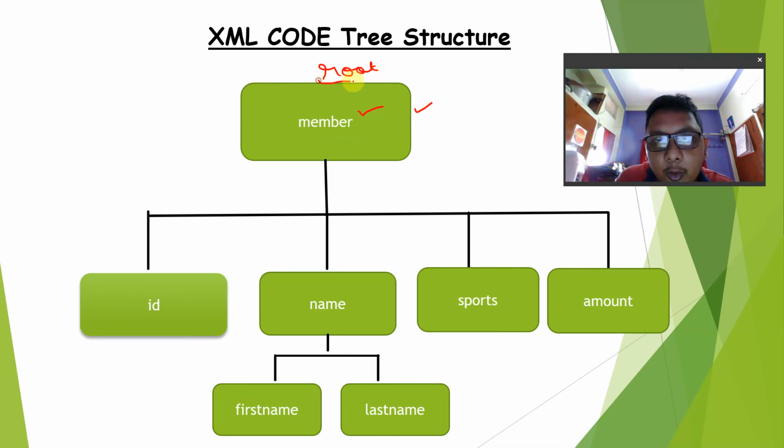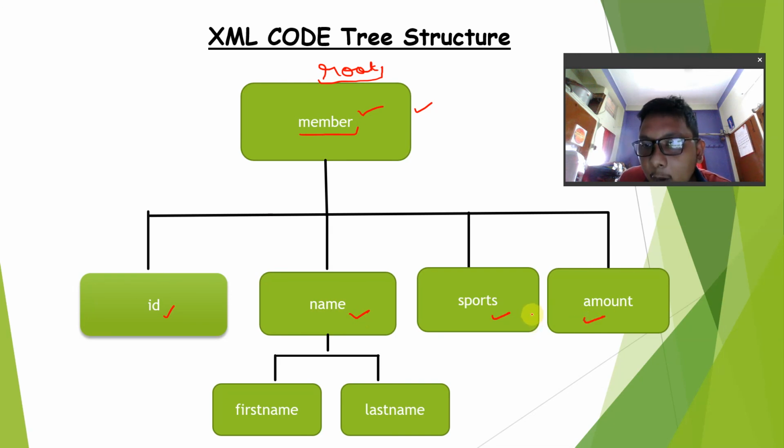The root element is the member tag, and within it we are representing the ID tag, name tag, sports tag, and amount tag.